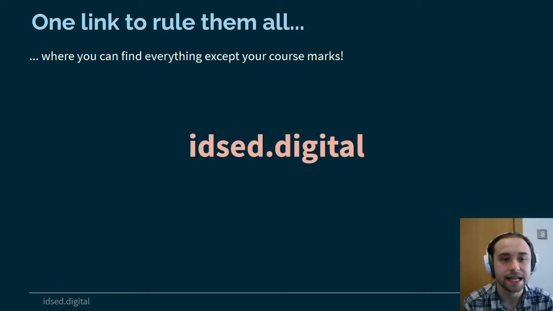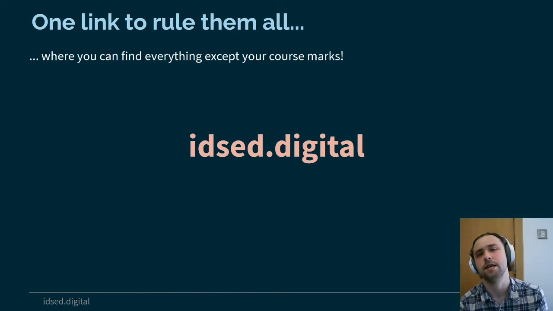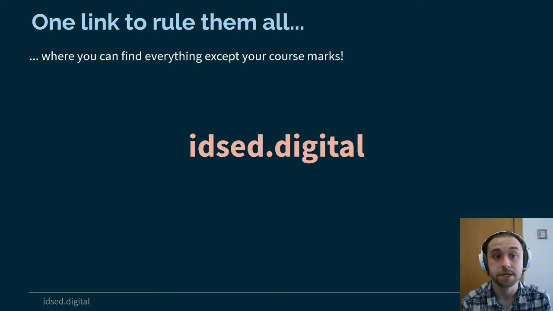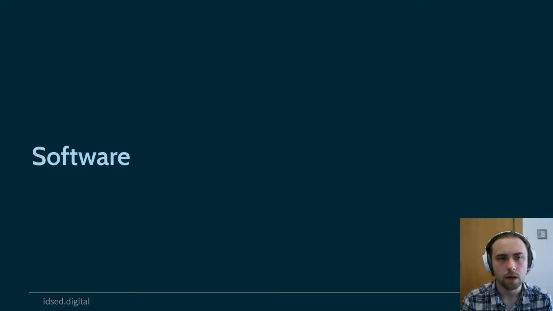So idsed.digital, if you type that into your browser, you will get the course website, and almost everything that you need in this course is on that website, or at least links to the things are on that website, like videos you can watch on YouTube. The only thing that you will not find on the website is your course marks. They have to be done through a university system, but there'll be some information about how to access those on the website.